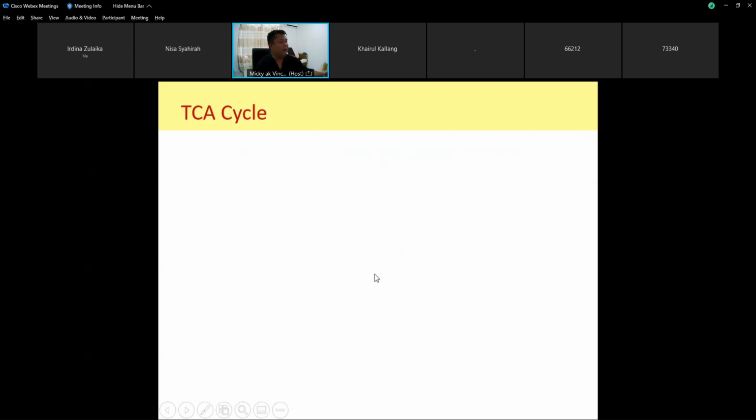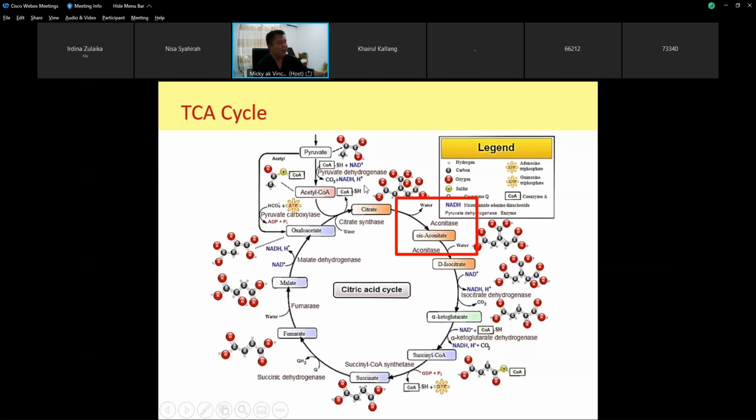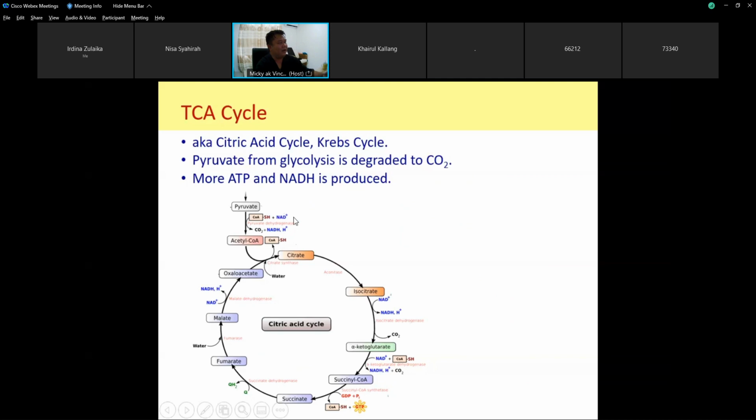See, this and this are the same. So you lose carbon in the form of CO2, lose H, and it is accepted by the NAD+ to produce NADH.